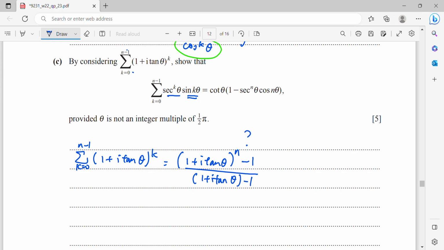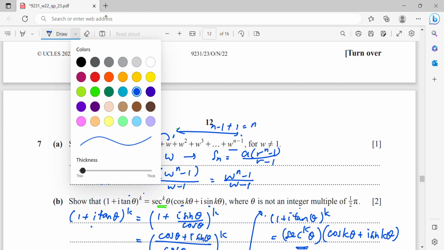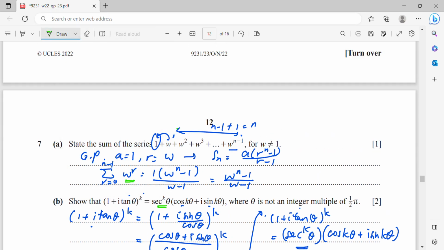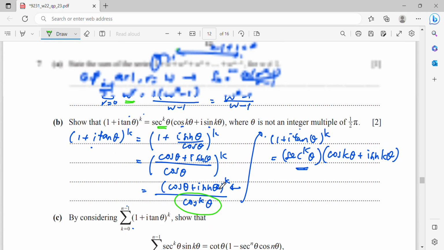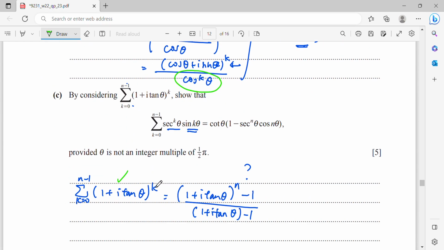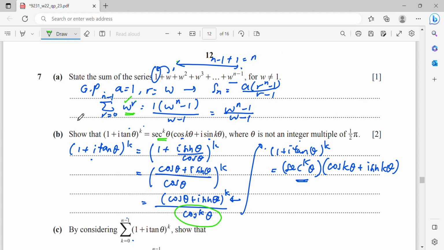Okay, this one is from A. From here. My W, I let my W be this whole bracket. Alright, my R will be the k. Then the sum, instead of R, I change to k. This one here starts from k equals to 0, then ends at n minus 1. It's exactly the same. We refer to the part A, and this is the result. This is how I get it.